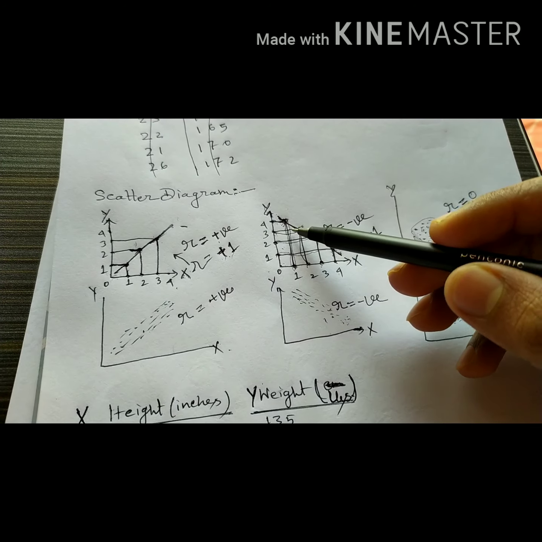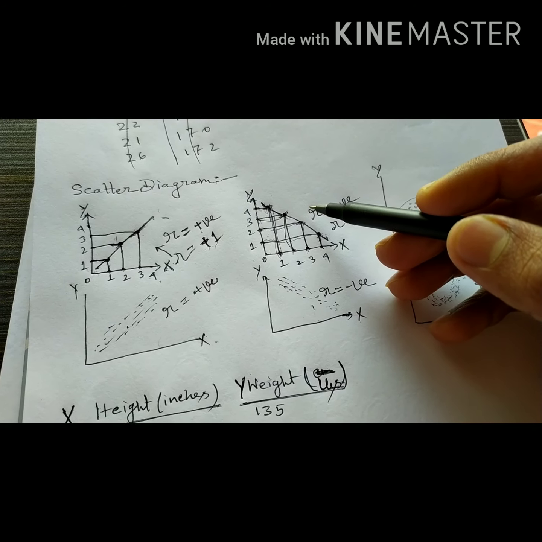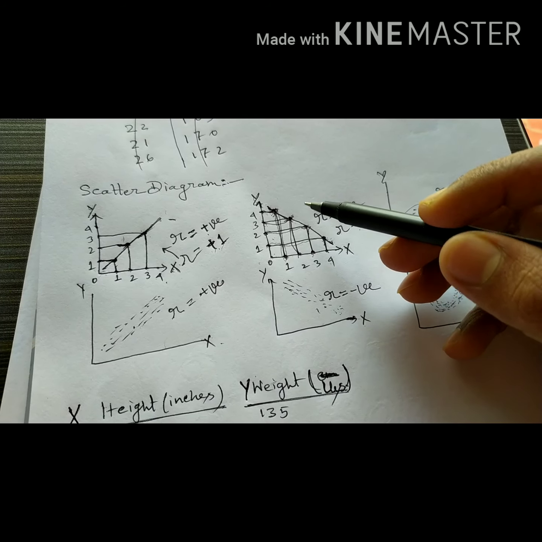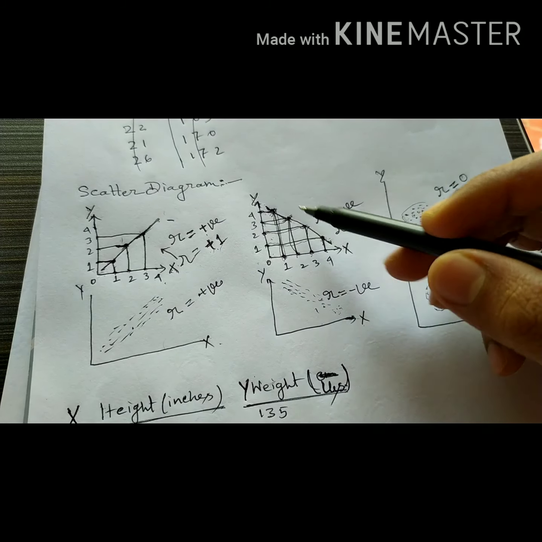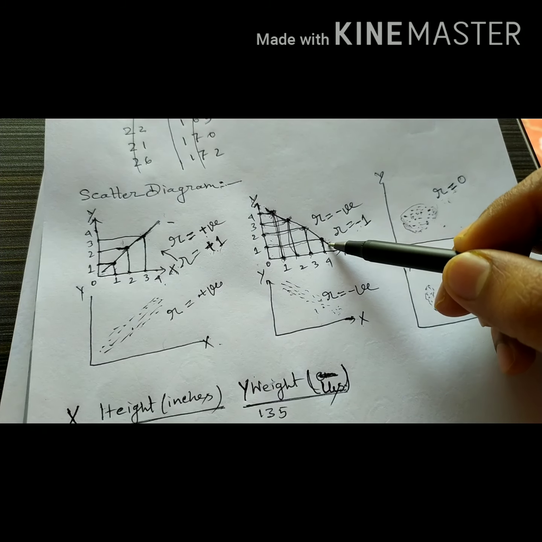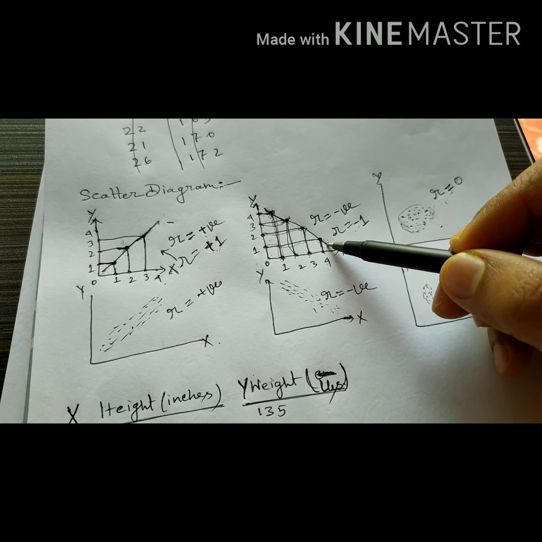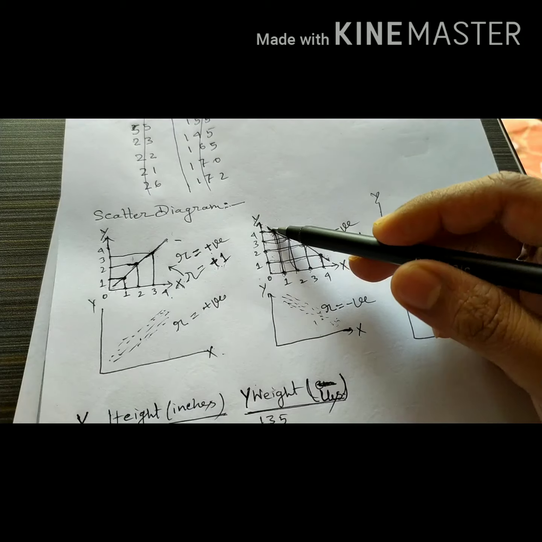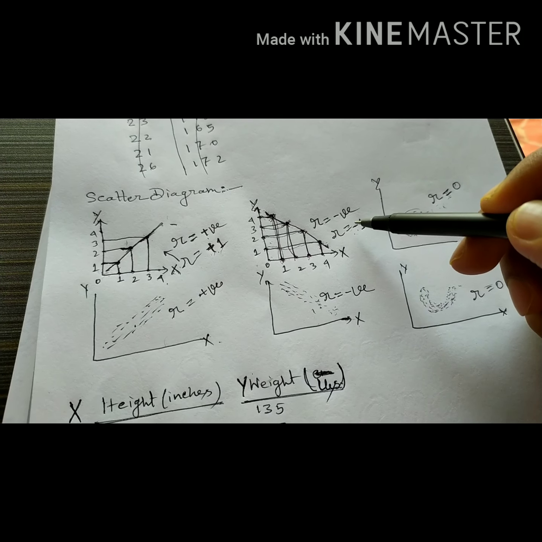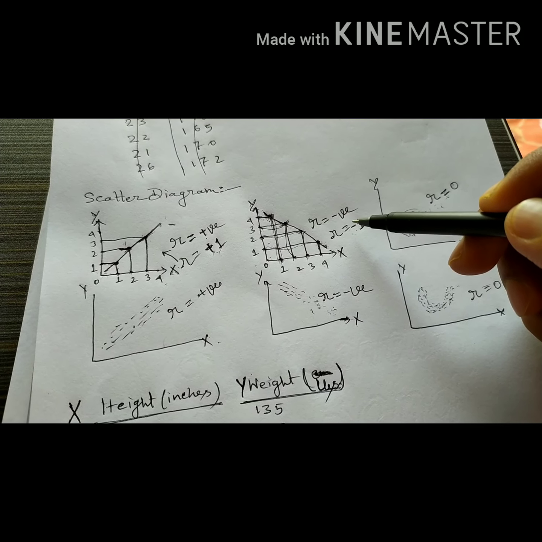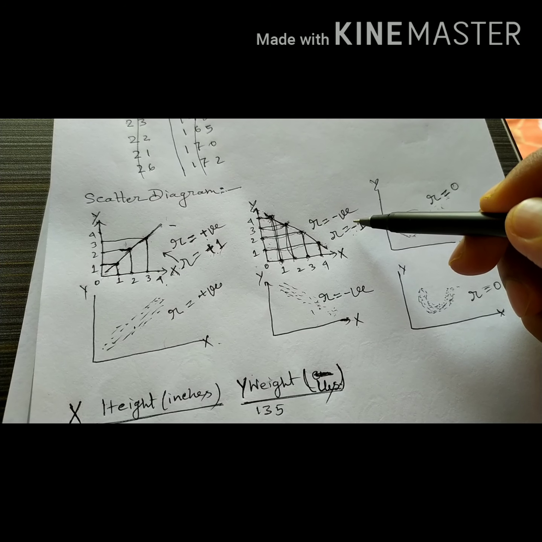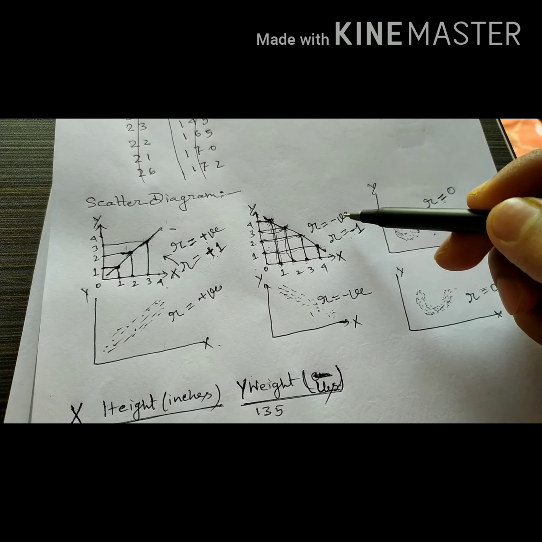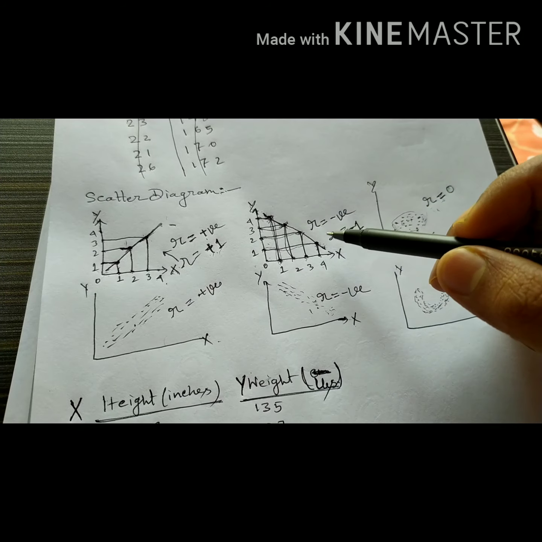On the other hand, if the pattern of dots indicates a straight line path from the upper left corner to the bottom right corner, correlation is negative. In other words, you can say the degree of association between the two variables, x and y, is indirect.